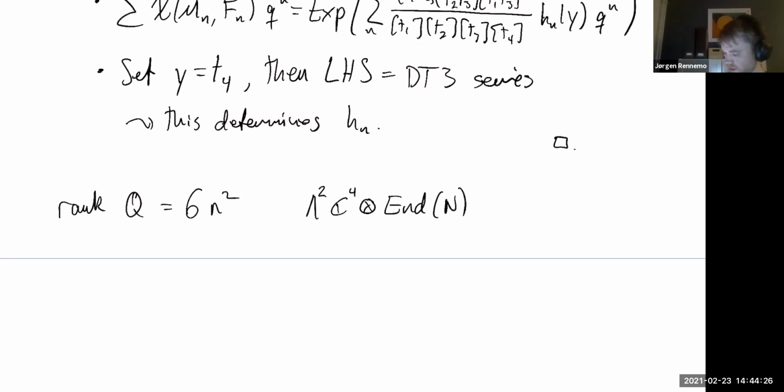C4, and so to pick L, you can do various things, but one thing you can do is to take wedge 2 C3. Just pick three of these equations. So if this is Q, you can take this to be L, where this thing is.